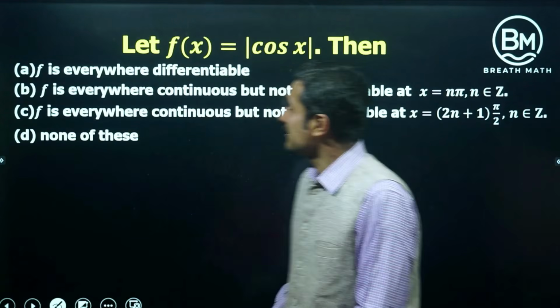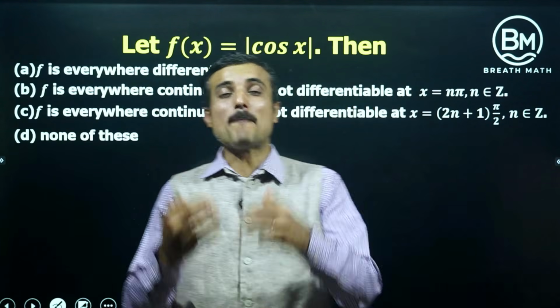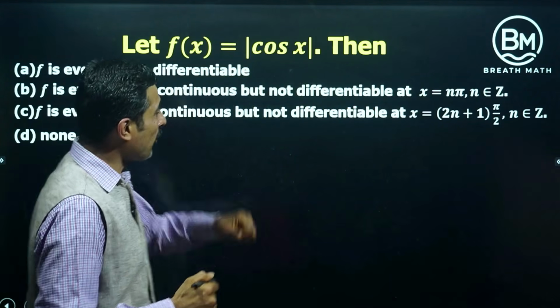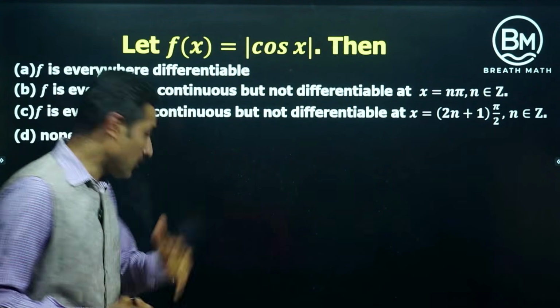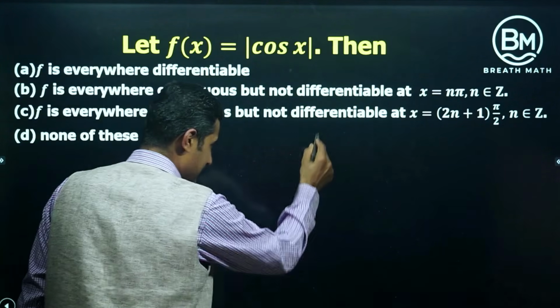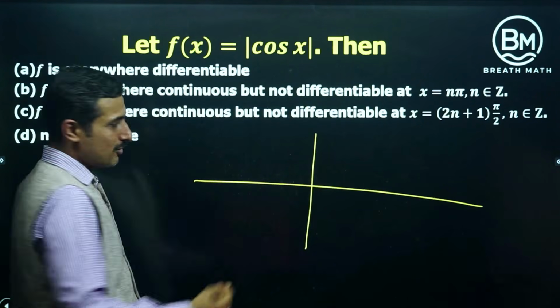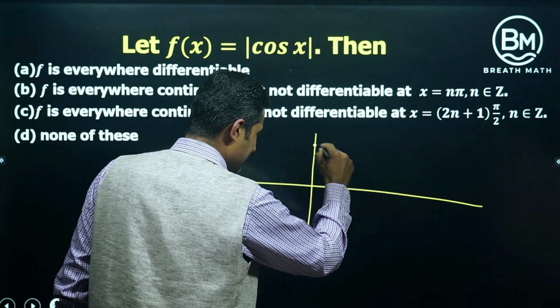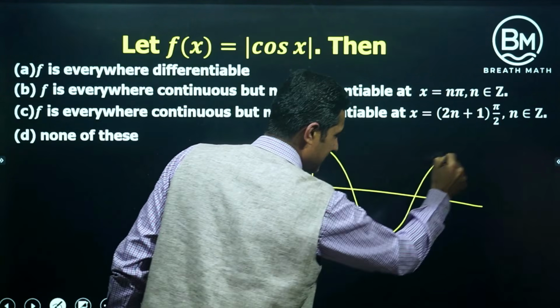Next one. Here you have f of x equal to modulus of cos x. One more composite function. Inside the modulus absolute value function, cosine x is sitting. How do you draw the graph of this particular function? For this, you have to draw cos x graph. Cos x starts from +1 and it descends.